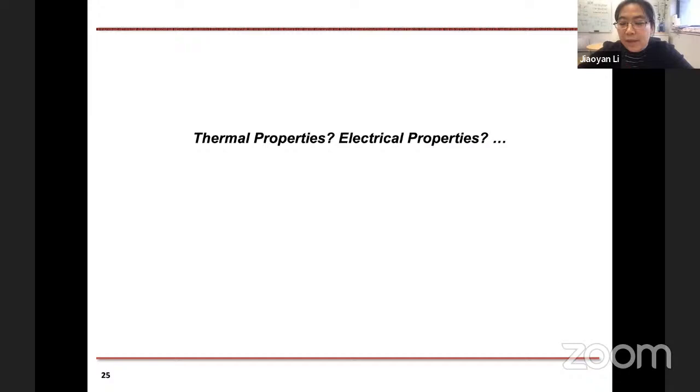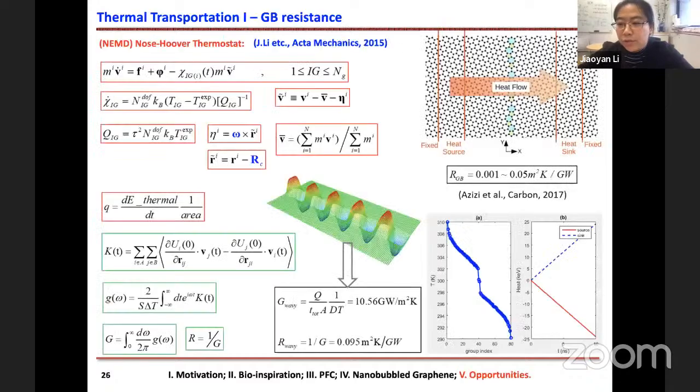So beyond the mechanical properties, the topological design of graphene can bring more interesting features or properties for the thermal part and the electrical part. For example, for the thermal part, we try to utilize this kind of wavy pattern to serve as a barrier for the heat flow. So we can manage the heat flow.